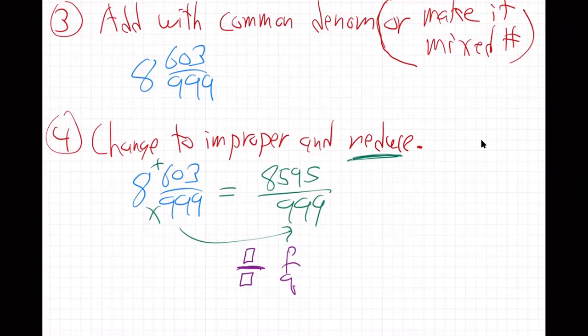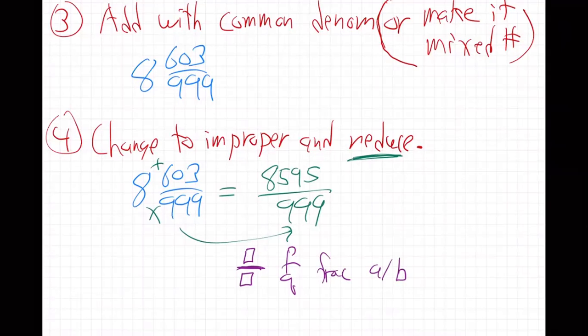It might just say fraction, or it might say A divided by B or something like that. So there's some kind of button on almost all the calculators these days, where you can just put in 8595 over 999, and it will do it for you automatically.